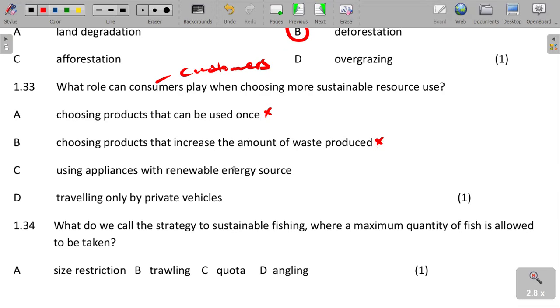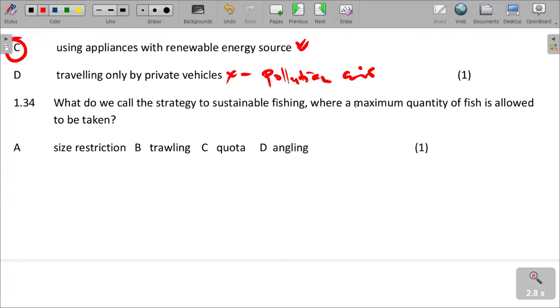Use appliances with a renewable energy source, because that means we are considering sustainable energy use. Traveling only by private cars can also cause massive air pollution, which can affect our environment.